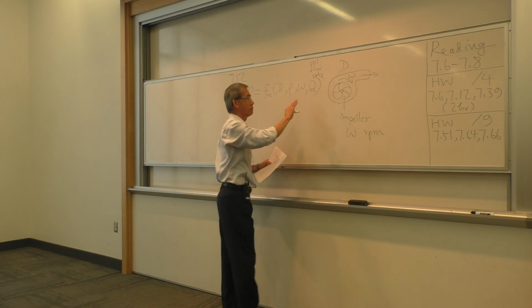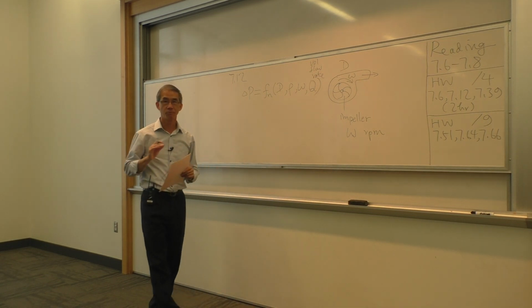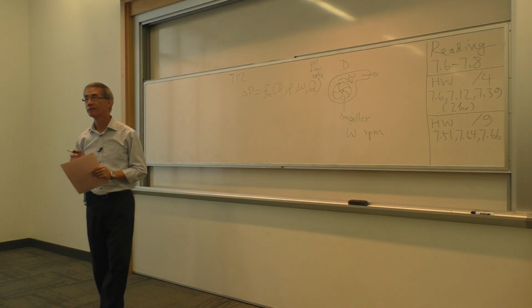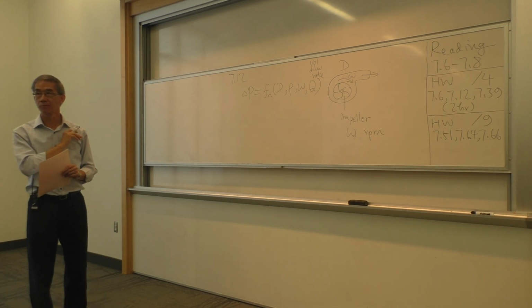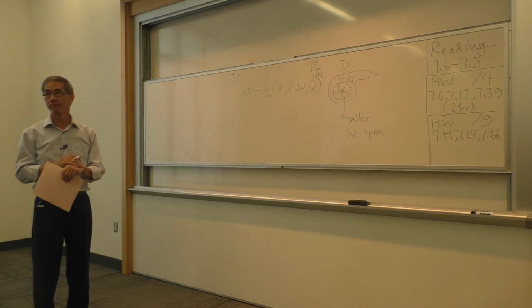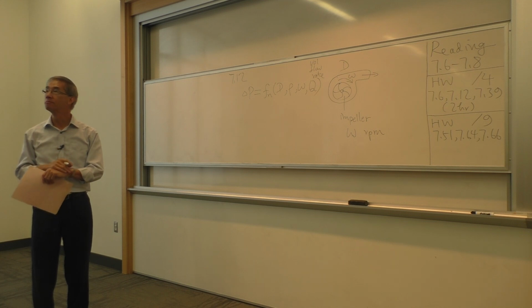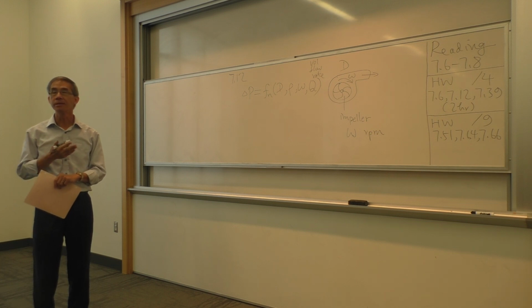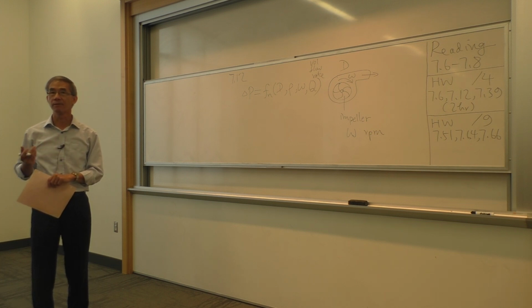So I want you to stop and look at it from 30,000 feet down and tell me, based on the problem statement, which is pressure rise is a function only of density and then diameter, rotational speed, and Q. What had the problem assumed? What is one very important term that doesn't appear on the right-hand side because of our assumption?